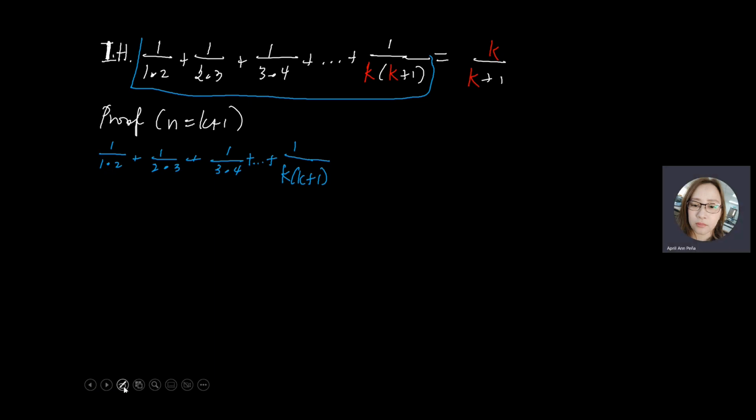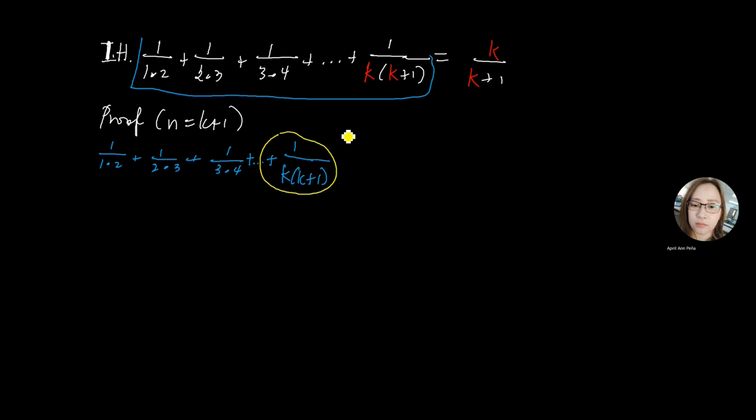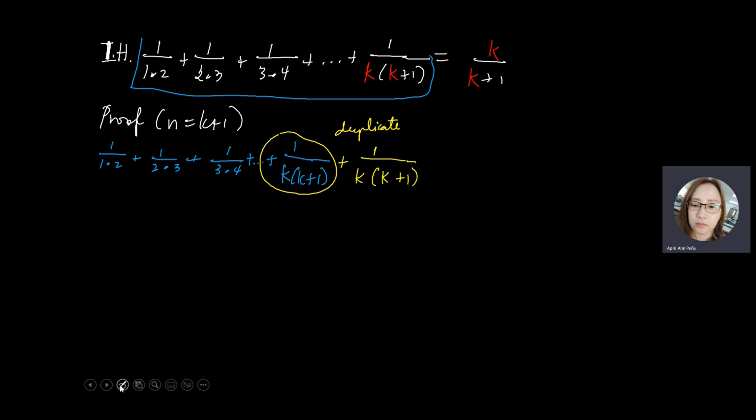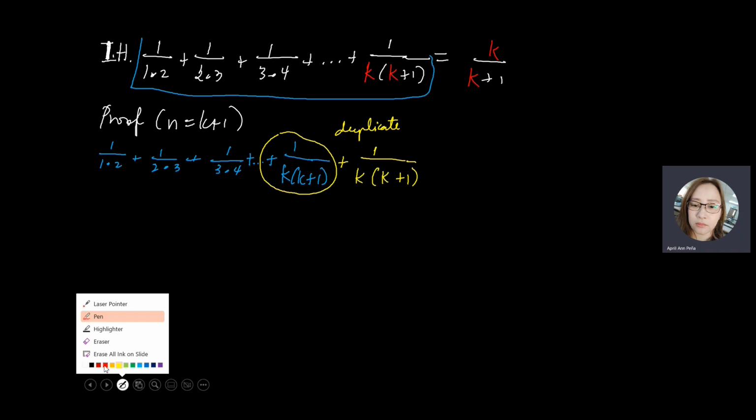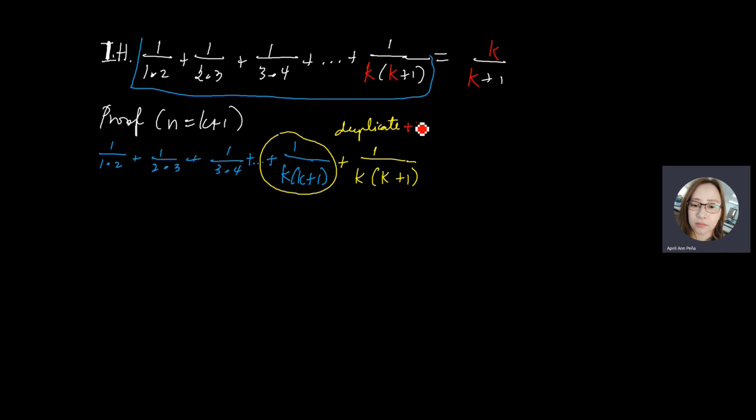So we need to duplicate. Provide space. After you duplicate, what's next? You need to add 1 on k only. So like that. Just on k. So this is k plus 1.